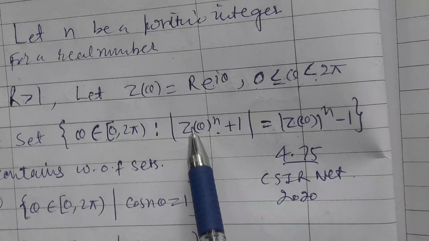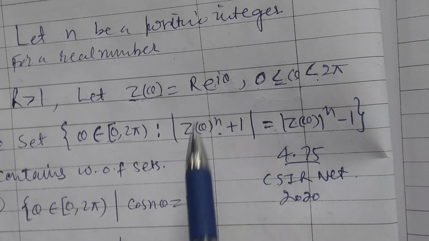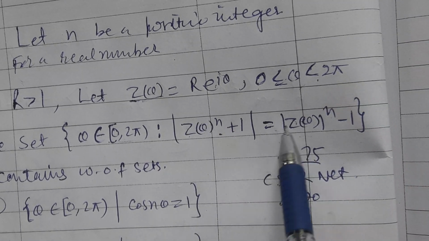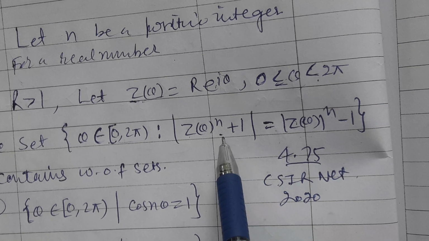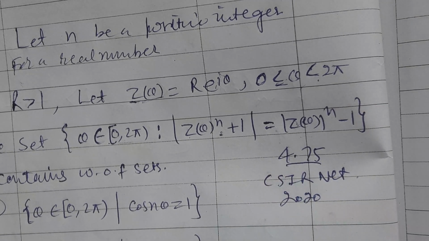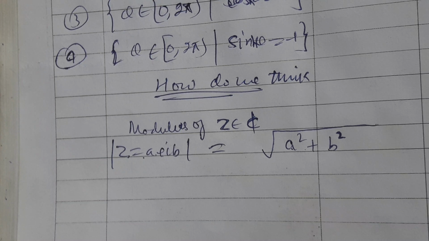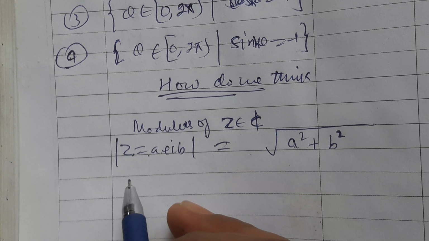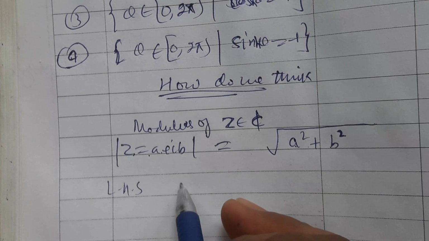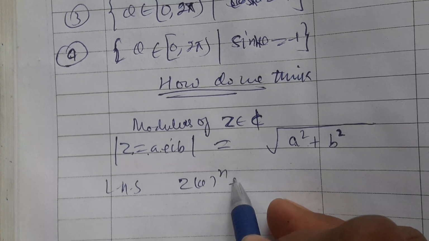Since we are given z(theta) is r e to the power i theta, we have to find out for which values of theta this equation is satisfied. The left hand side is the modulus of z(theta) to the power n plus 1.